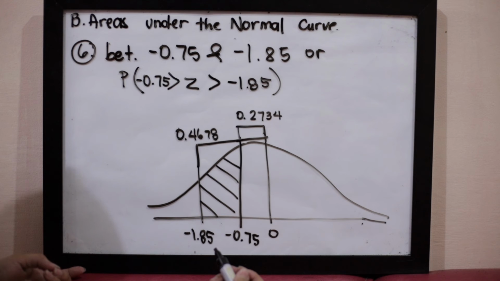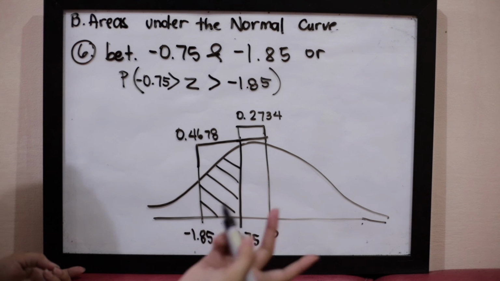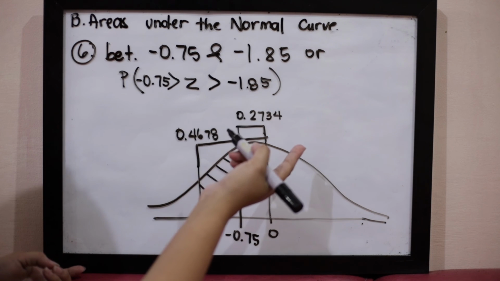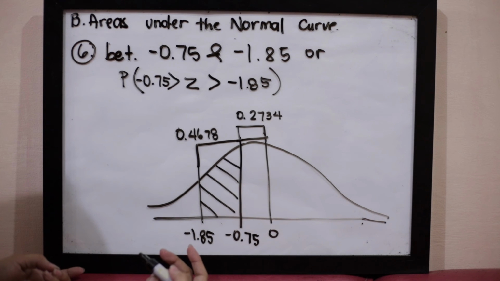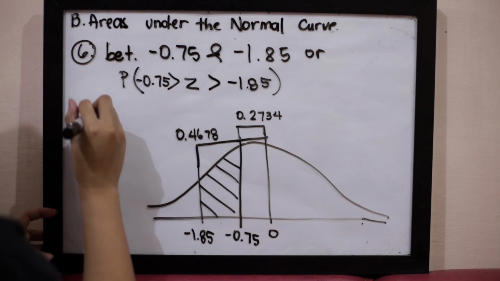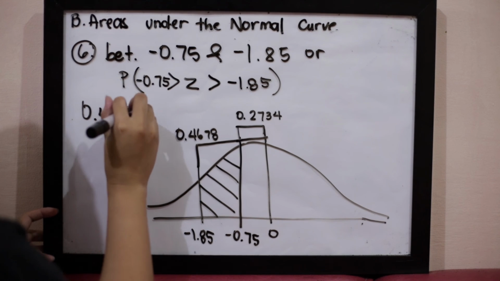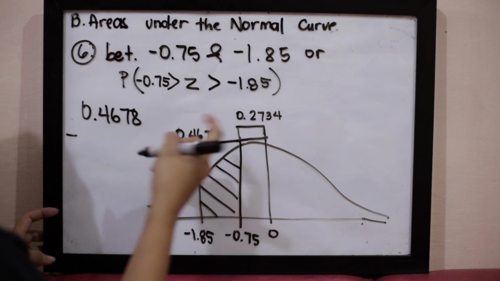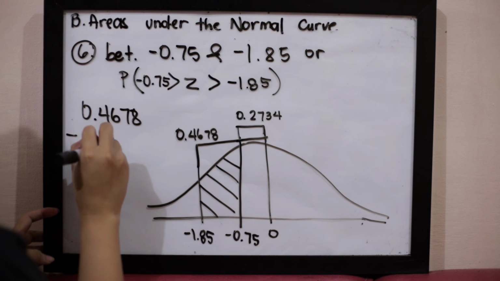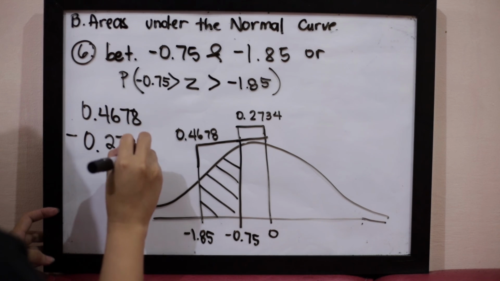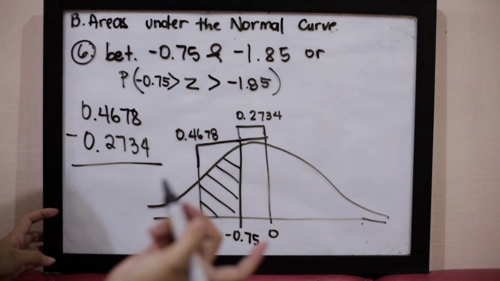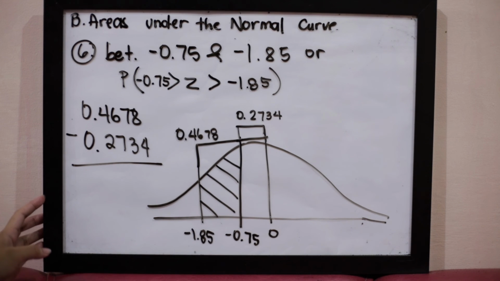Ma'am, can the 0.2734 come first, or can we subtract 0.2734 and 0.4678? No. The greater number should always be the minuend. So, 0.4678 should be the first number minus the smaller number 0.2734, because we don't have any distance or any area that is equivalent to a negative number.